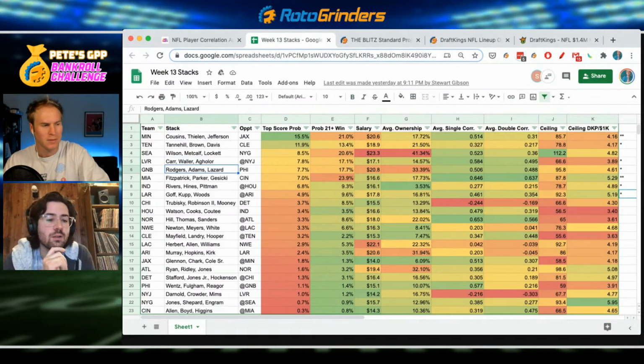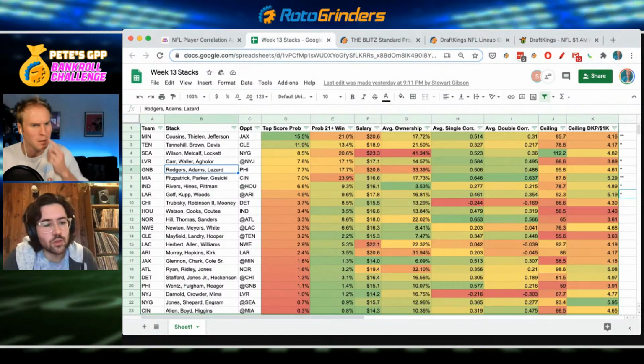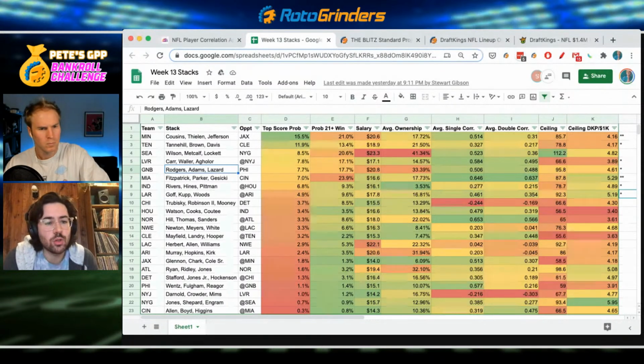How do you think about these specific stack combinations? I typically go with just the 2 most expensive pass catchers, and that's usually wide receiver or tight end. But in the instance of Nyheim Hines, where he is functioning as a pass catching running back, I'll make exceptions for some of these guys.